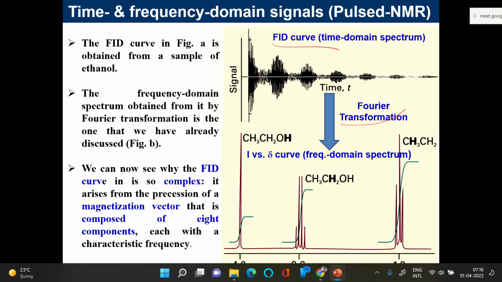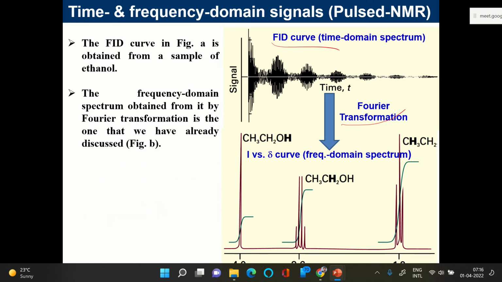mathematical framework, then we get this kind of signal. So why was it complicated? This FID curve was looking complicated because it has 8 different Larmor frequencies, corresponding to 3 here, 4 here, 1.